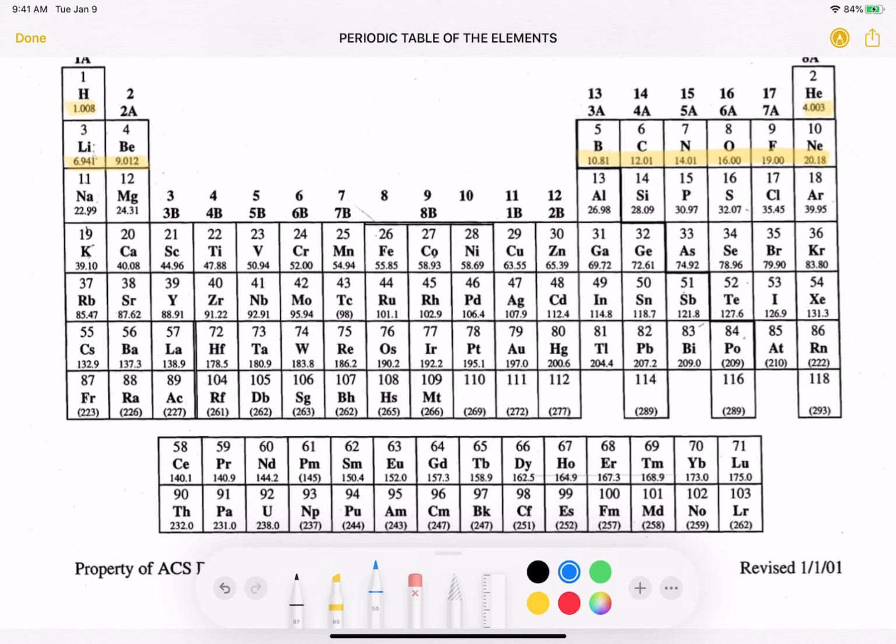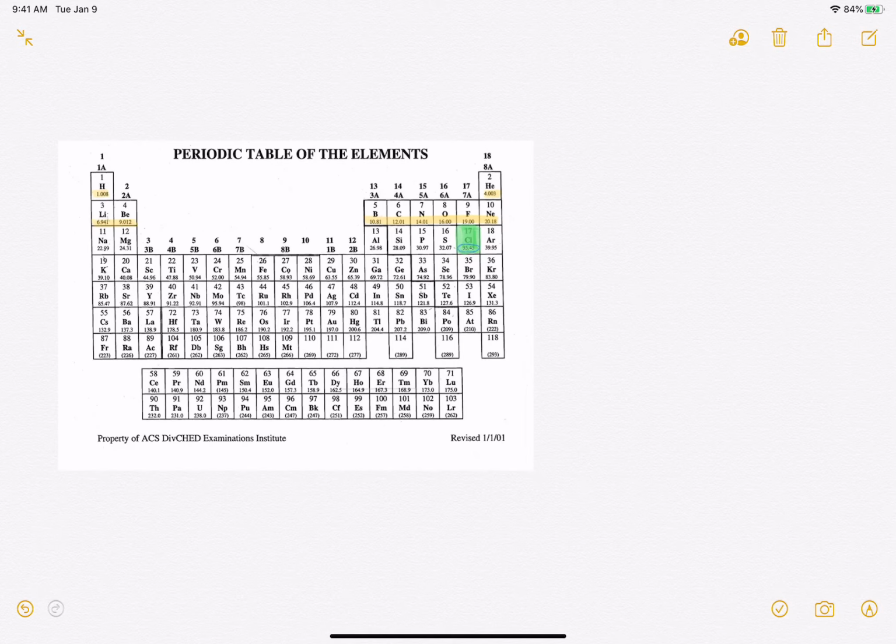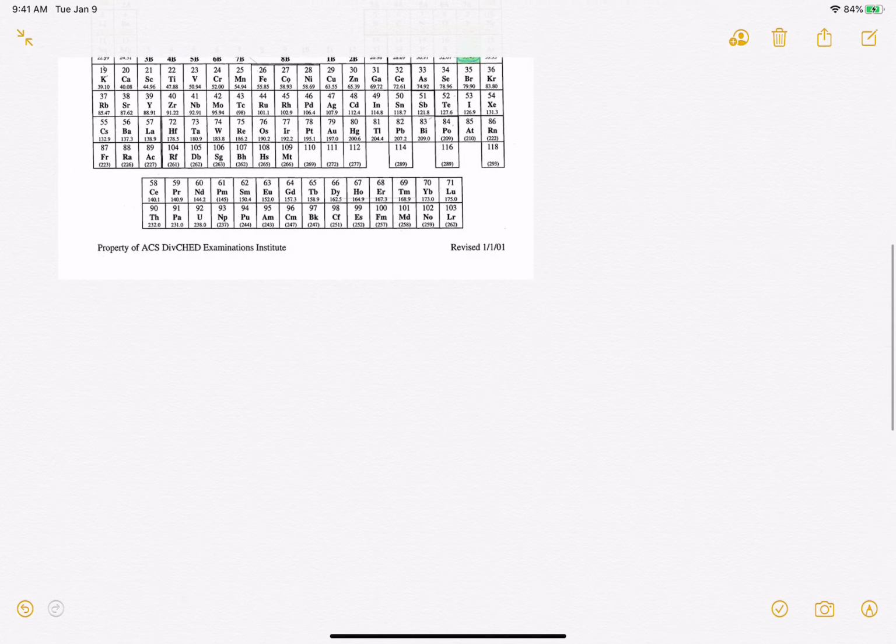So first we're going to use chlorine as an example. So chlorine on the periodic table is right here. It's element number 17. And as you can see, the atomic mass is 35.45 AMU, or atomic mass units. So let's write that down. So we have chlorine.